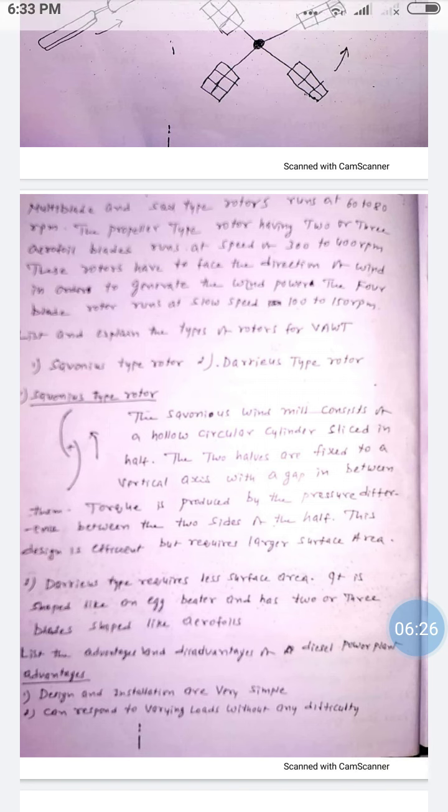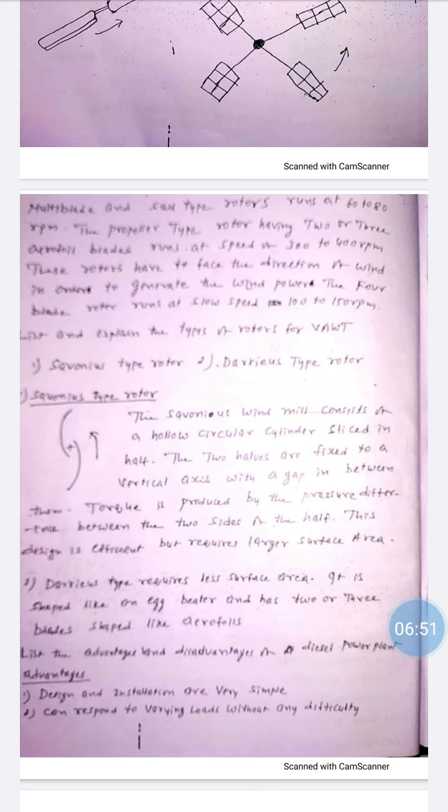The Darrieus type requires less surface area. It is also called an egg beater and has two or three blades, shaped like aerofoils.